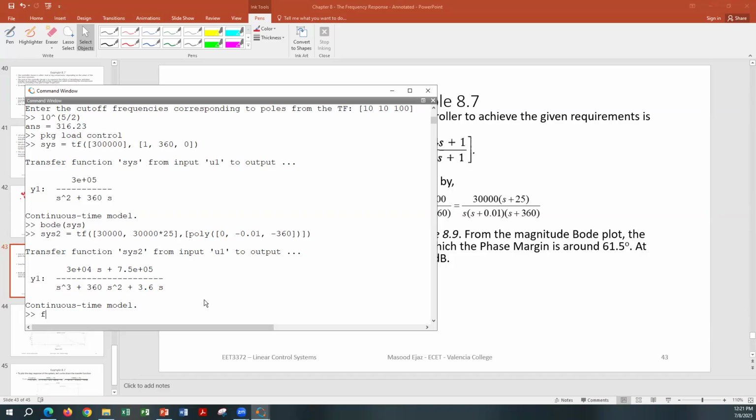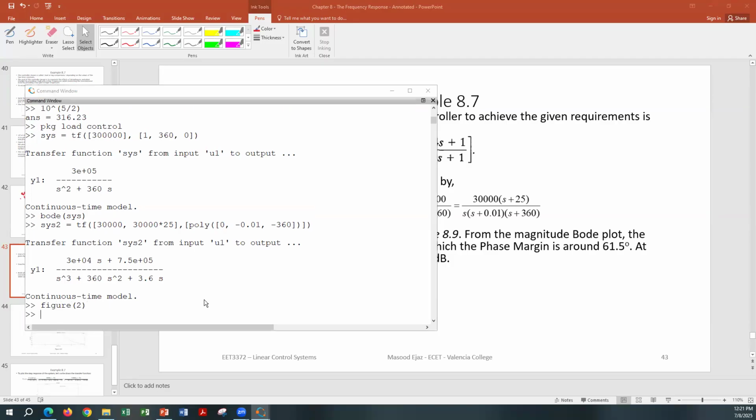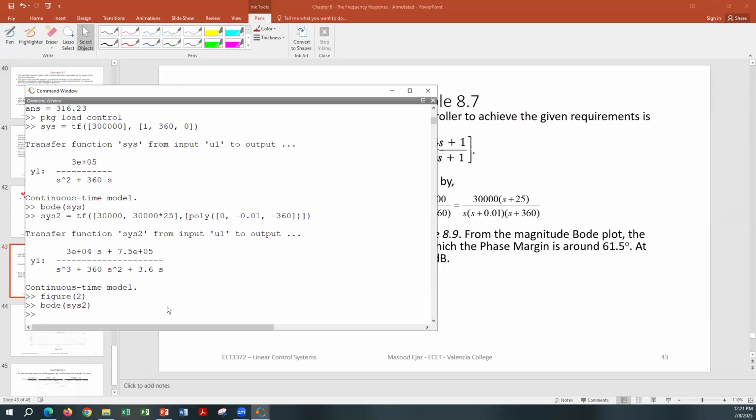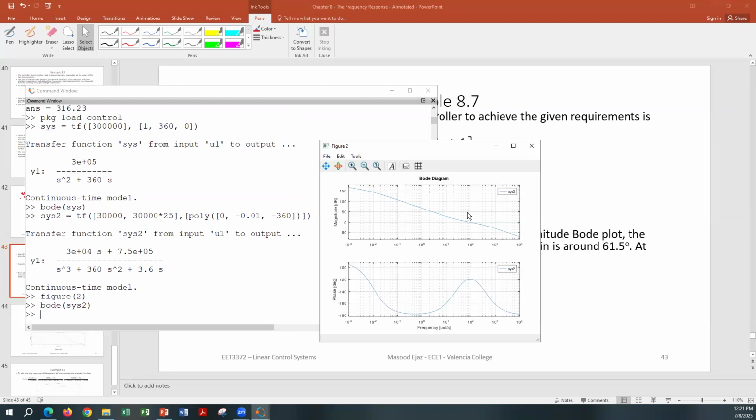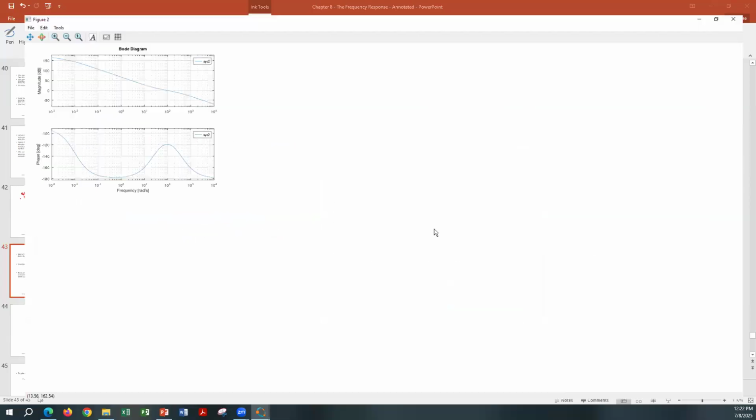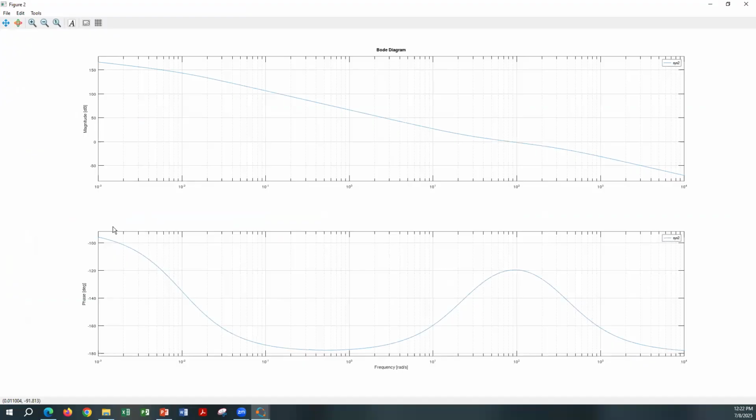And then figure 2 and Bode of system 2. Oh, this is not the same as what I'm getting over there. My frequency is starting early. For some reason, it started at 10 to the power negative 3, and I'm looking over there at 10 to the power 1.